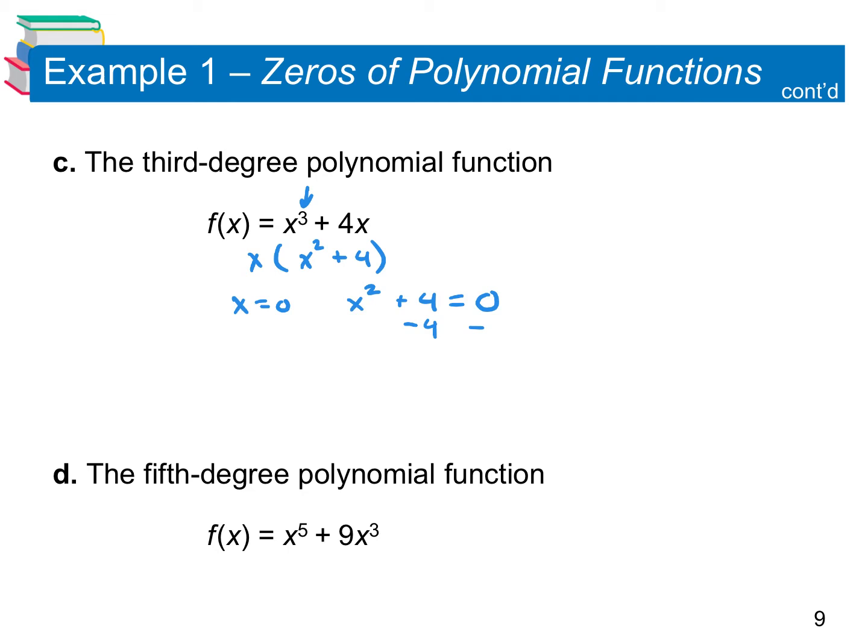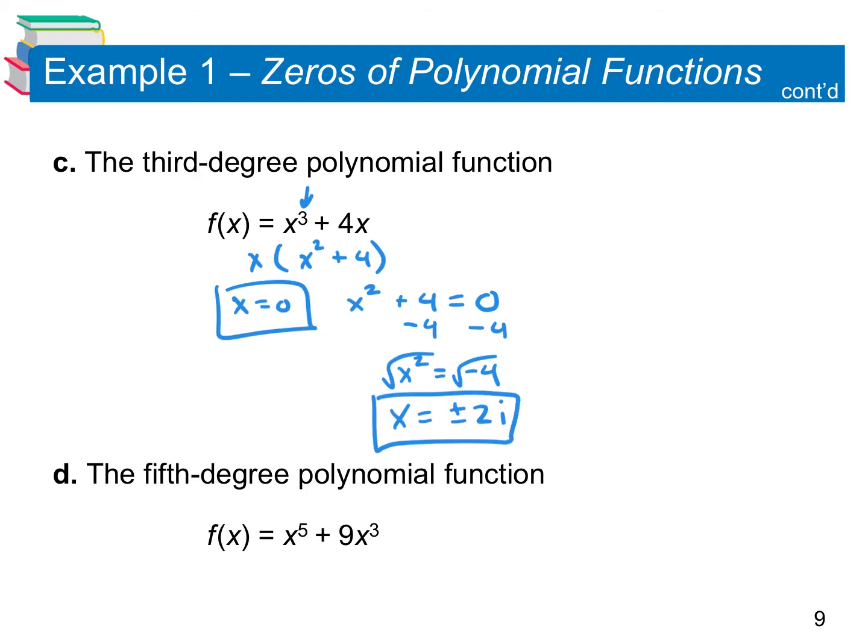Subtract 4. X squared is equal to negative 4. Then what do I do? Square root. So what's x equal to? 2i. Awesome. Good job. So this is one answer, and then here we have 2 answers because it's the positive 2i and the negative 2i. So that gives us our 3 answers. 3 zeros.